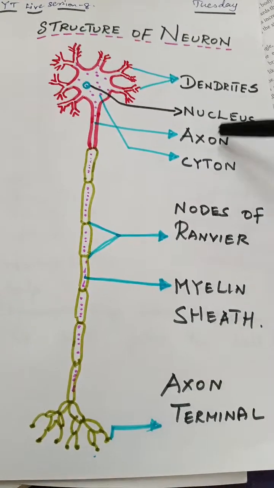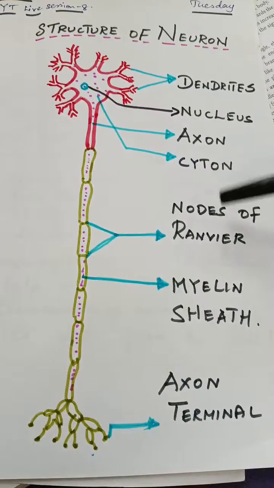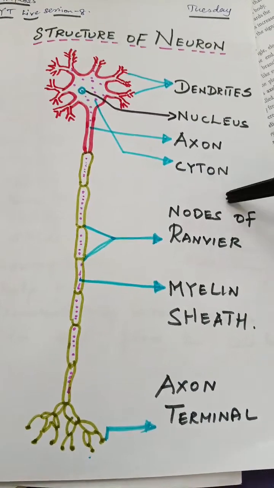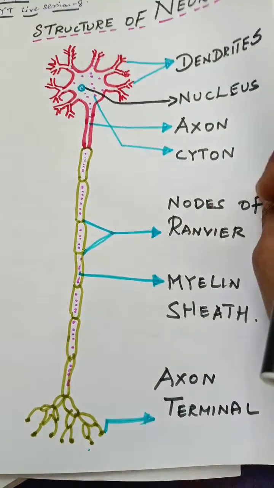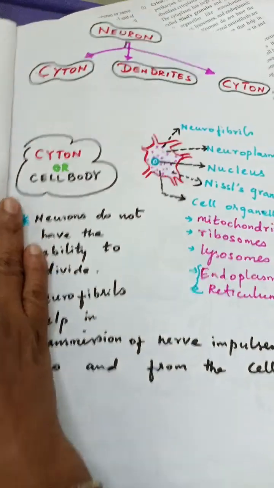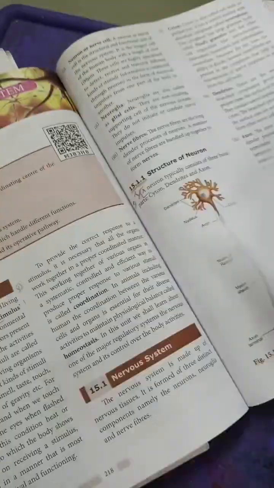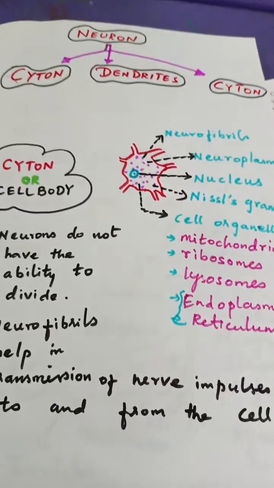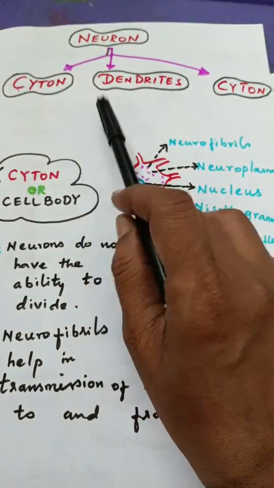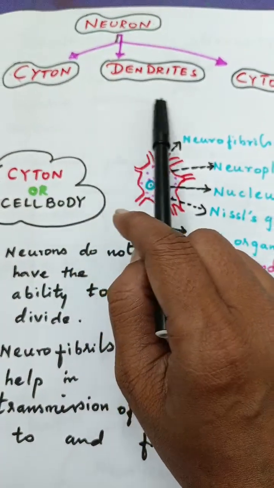Okay, now we will see part by part how the nerve cells or the neurons perform their function. Clear? So now coming to the first part of the neuron. What are the basic parts of the neuron?